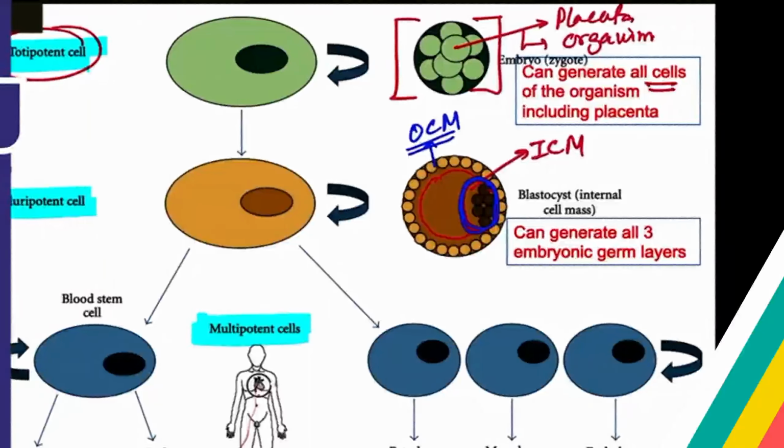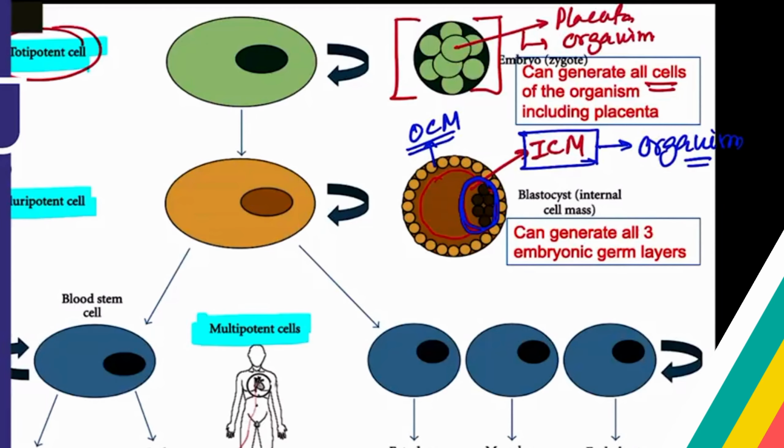So if I collect any cell from this inner cell mass stage, it has the capability to produce the whole organism, every cell of the organism, but it cannot form the placenta. So the power of the inner cell mass is a little lesser than that of the totipotent cell.